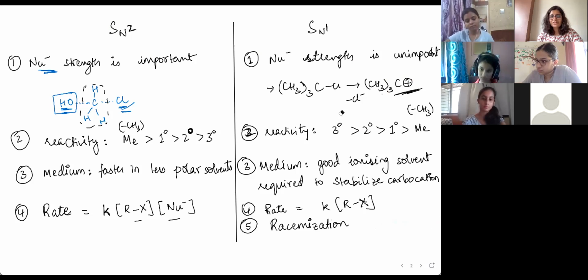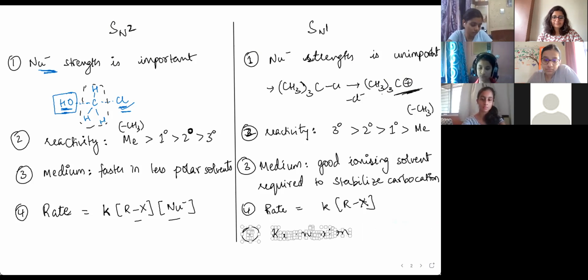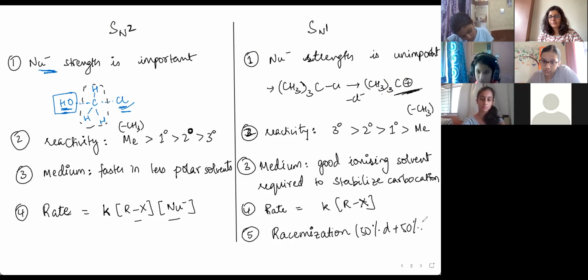So there is racemization in SN1, the one that forms a carbocation. This is 50% D plus 50% L. Both are formed. All the details are the same. I was talking about SN1, but I wrote it under SN2. That's the only thing.